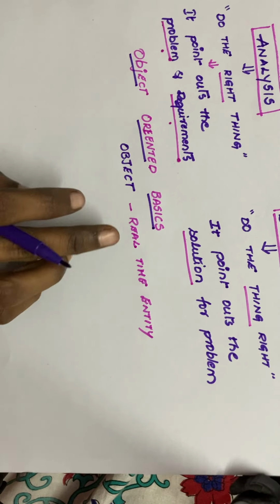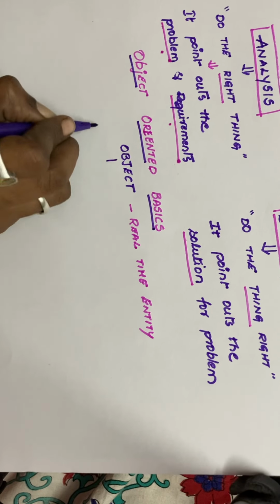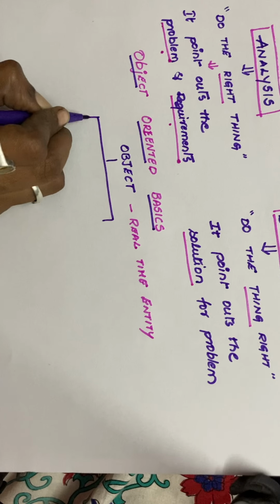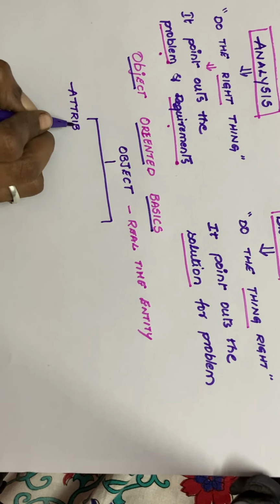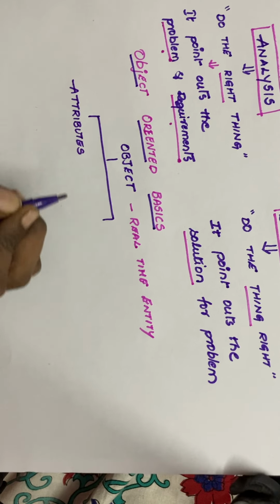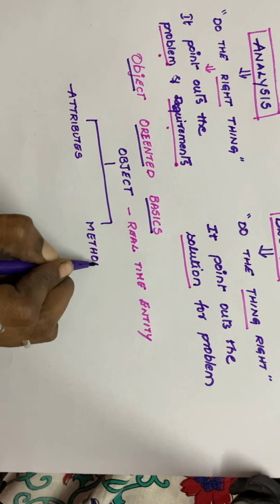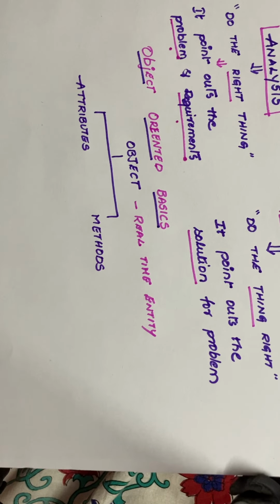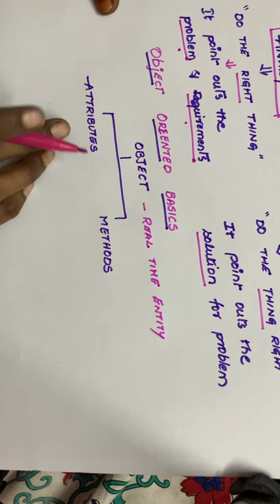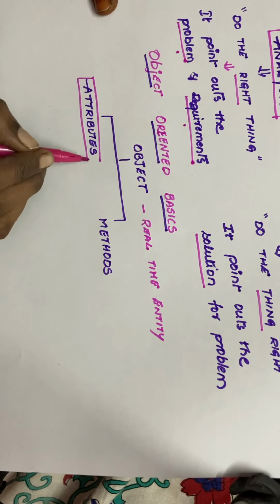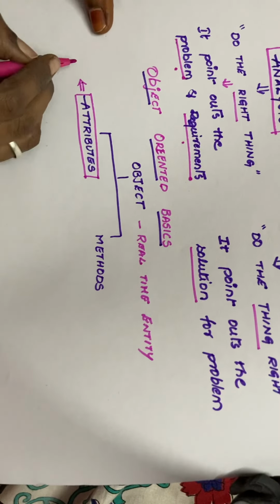Based on this real-time entity, we are deriving attributes and methods. Let's take the attributes. Attributes means properties.